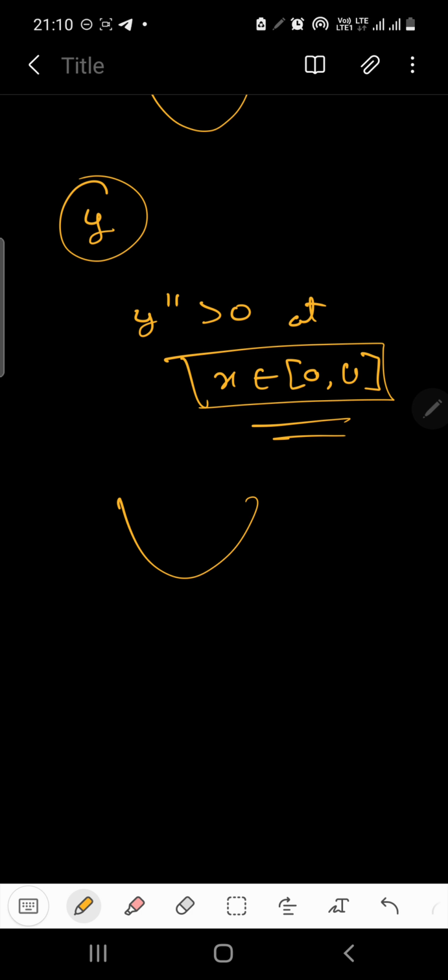And if it is less than 0, then it will give you a concave shape within the specified interval in which this condition is satisfied. Clear? So these are the cases in which we can find out the shape within an interval.